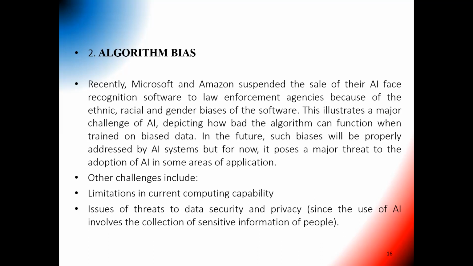And then there are also issues to do with threats to data security and privacy. Since the use of AI involves the collection of sensitive information of people, when you're collecting information from customers, sometimes the customers would not have consented to supply the information, all right? But if they've given consent to the use of information, normally there are terms and conditions which guide you in terms of how you are going to use the customer data.